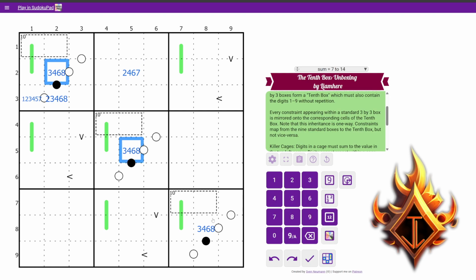And all three of these cannot be even because it would make that one even.